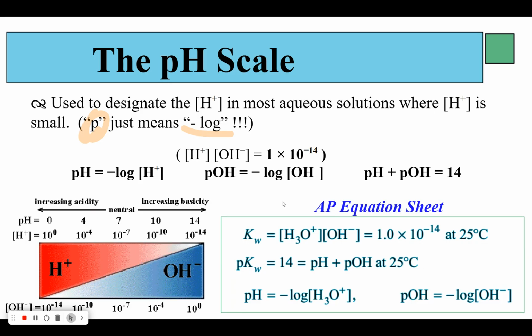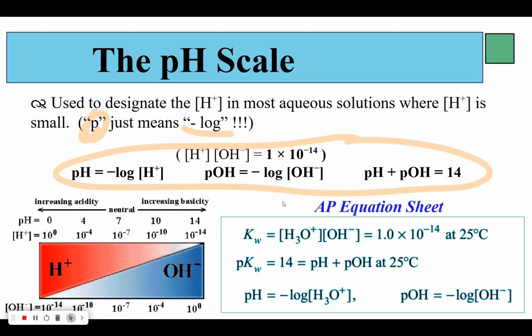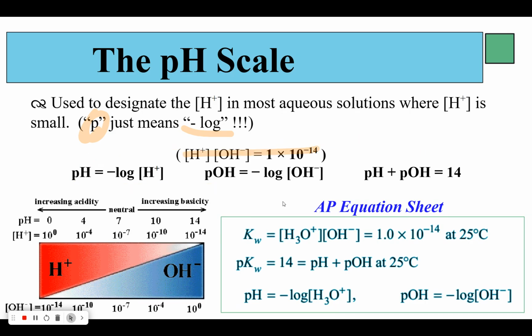So I have a lot of equations for you here that reinforce each other, that are important for pH calculations, and all of these equations are on your AP equation sheet in some form.